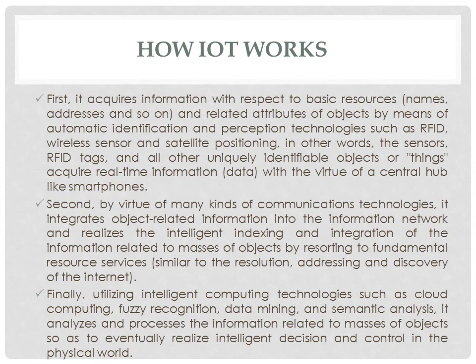In other words, the sensors, RFID tags and all other uniquely identifiable objects or things acquire real-time information, that is data, with the virtue of a central hub like smartphones.